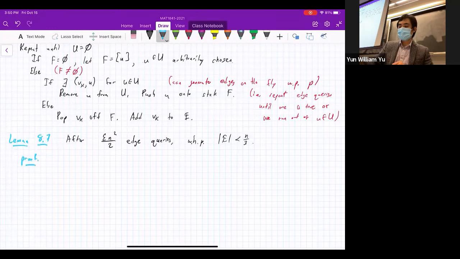Well, let's prove this. Suppose not. If not, then at some time t less than epsilon n squared over 2, the size of E is equal to n over 3.